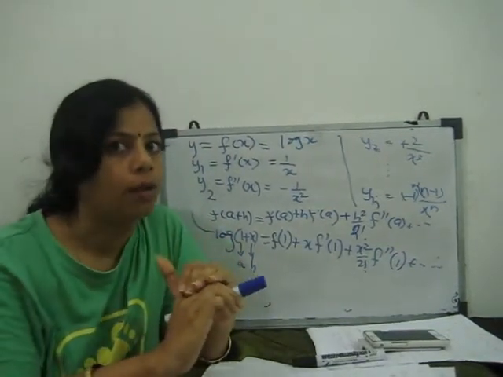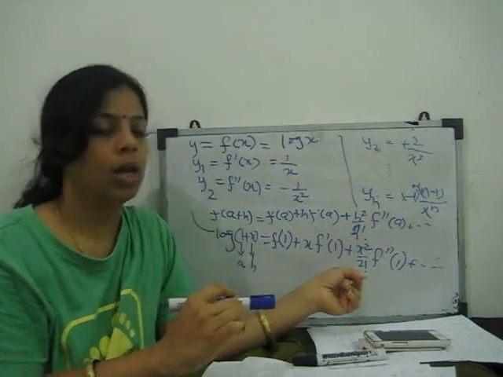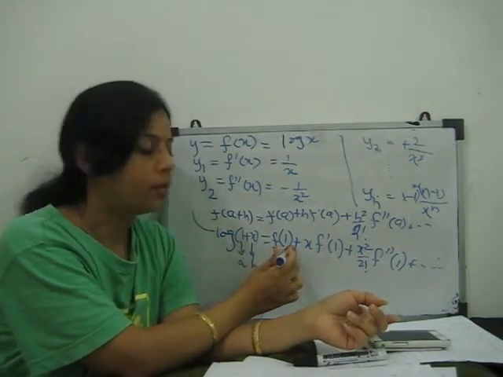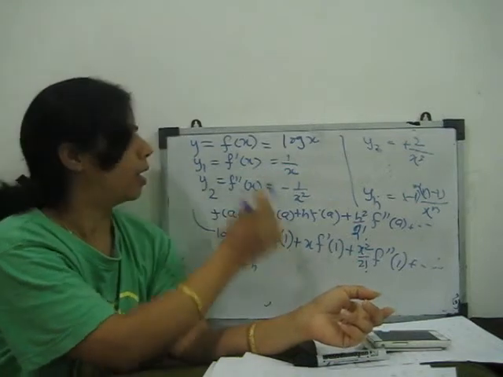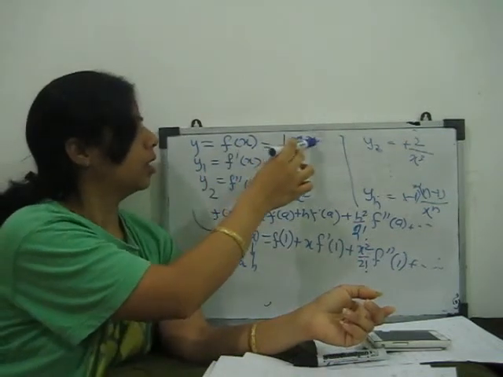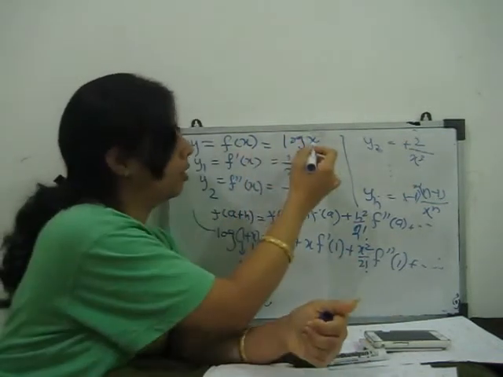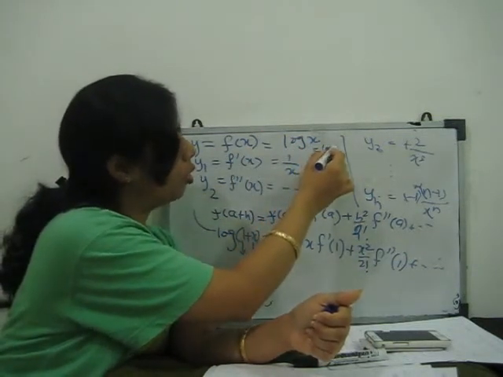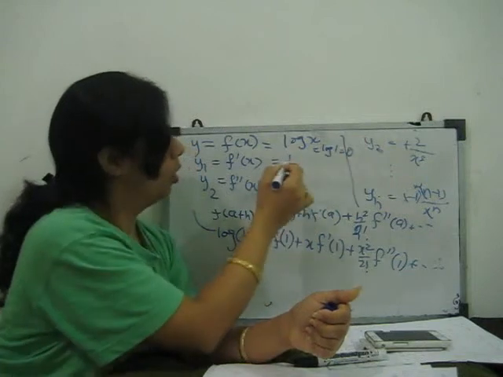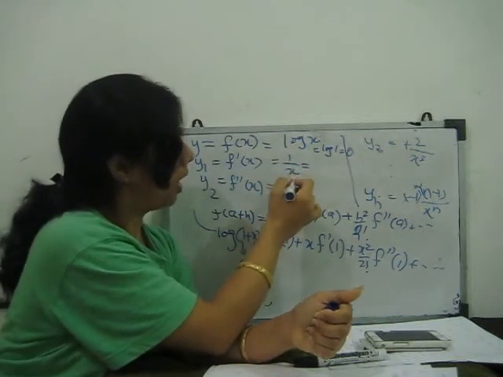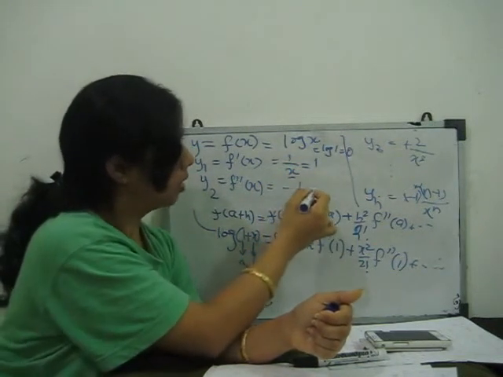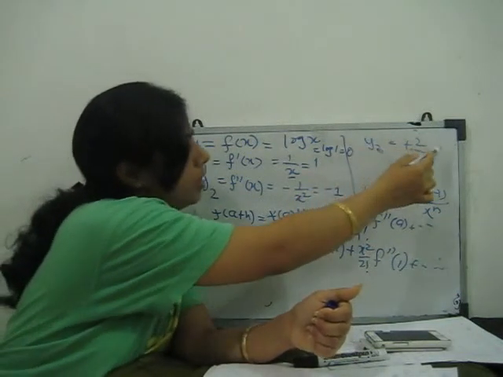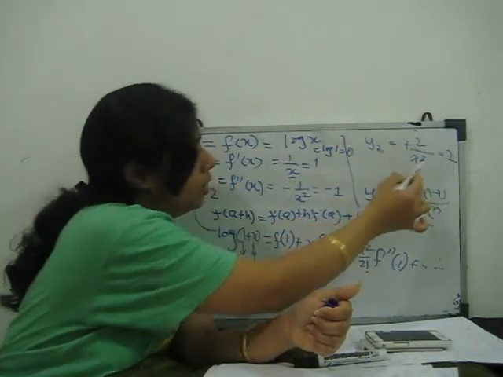Now we have to substitute these values, but at what point? x is equal to 1. We want the value of the function at 1. First is log of 1, which is 0. Then 1 by x is 1, then minus 1, then 2.